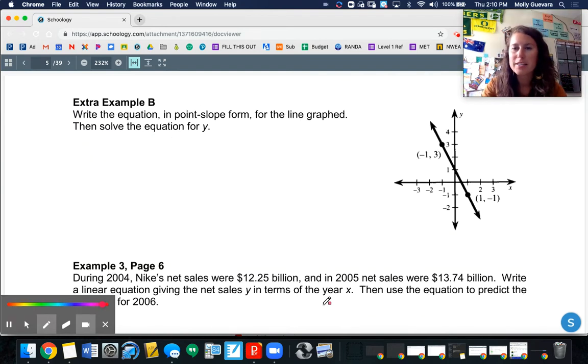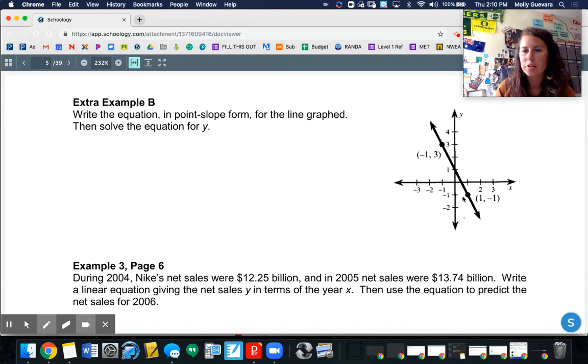All right, this is just like example A. I'm given 2 points, and I need to find slope. So slope, if you remember, is rise over run. So I have m equals, and then I'm just going to pick a random, I'm going to call this one x2 and y2, and then this one x1, y1.